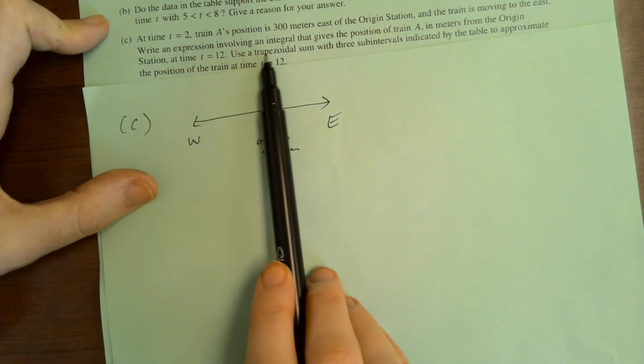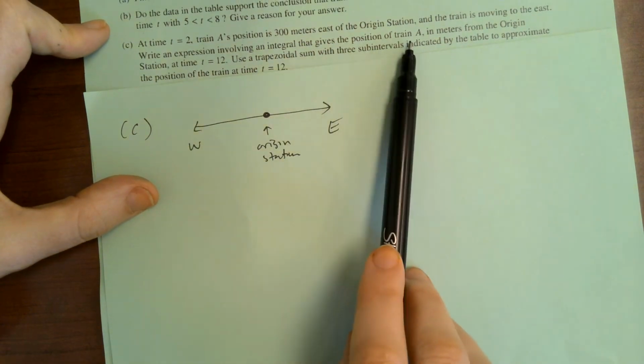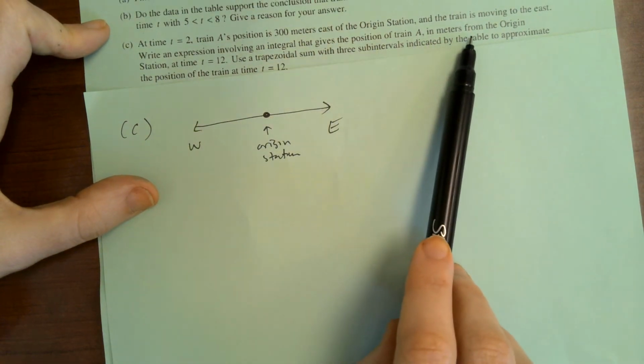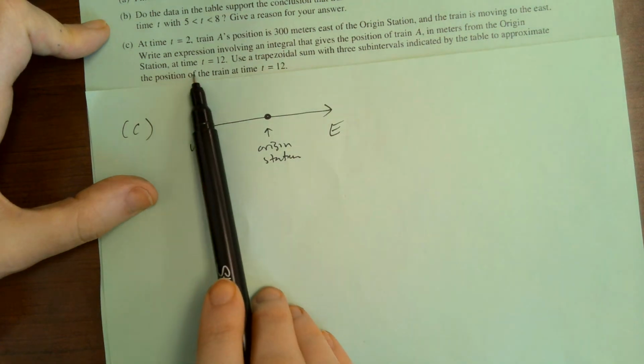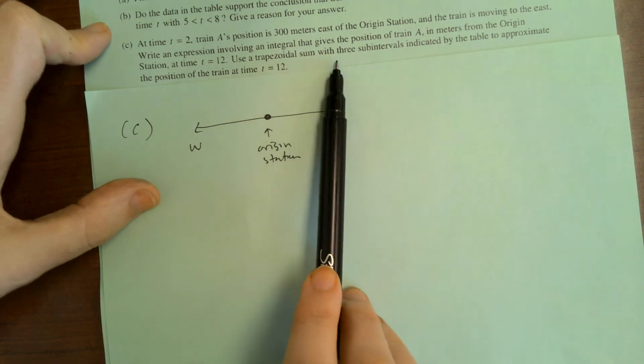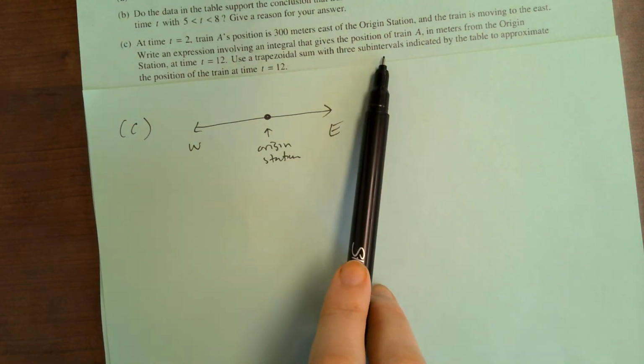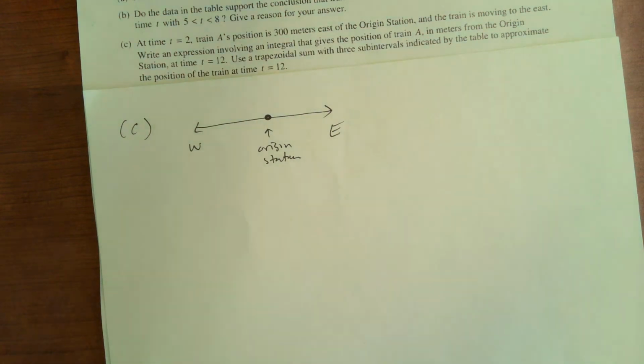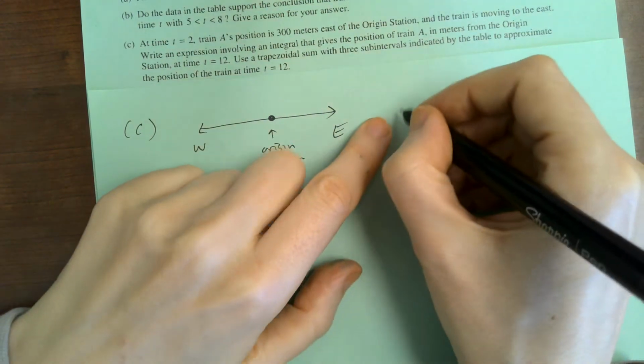Write an expression involving an integral that gives the position of train A in meters from the origin station at time t equals 12, and then use a trapezoidal sum with 3 subintervals indicated by the table to approximate the position of the train at time t equals 12.